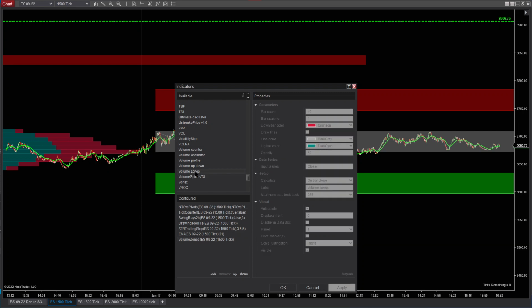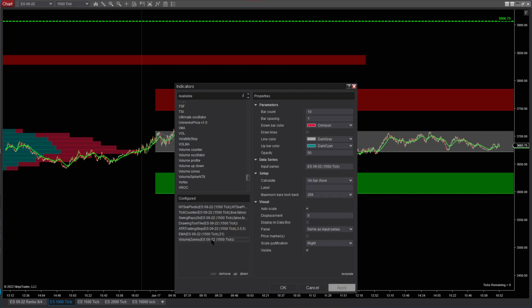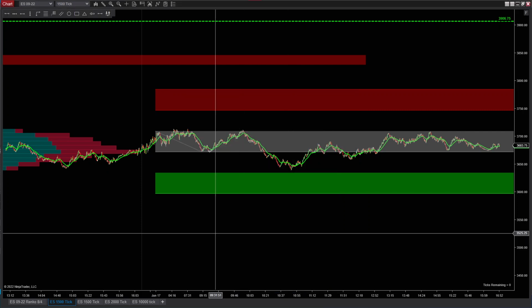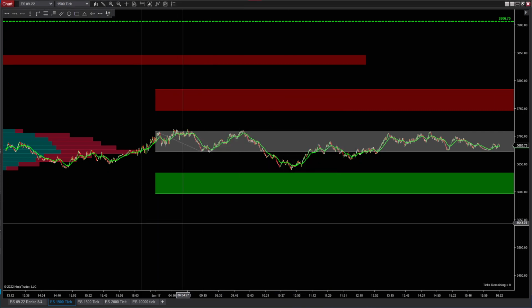So what I do is just double click this one, add it there. This one is for a 1500 tick. I don't change any of that. Okay, so it's the preset standard indicator, and this would give me a good idea on how to identify this.